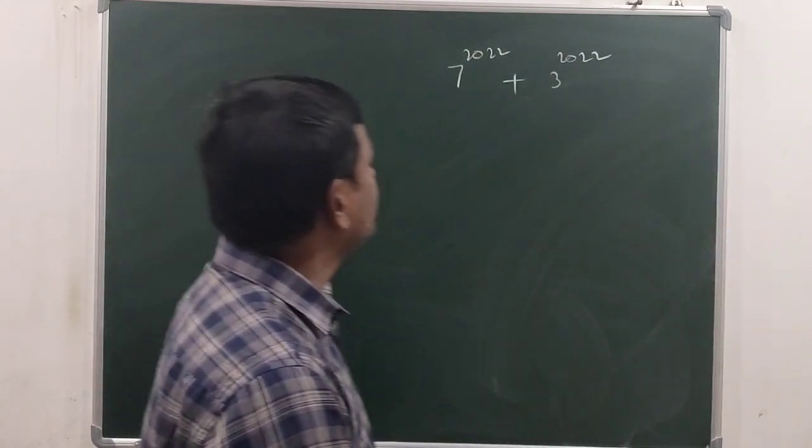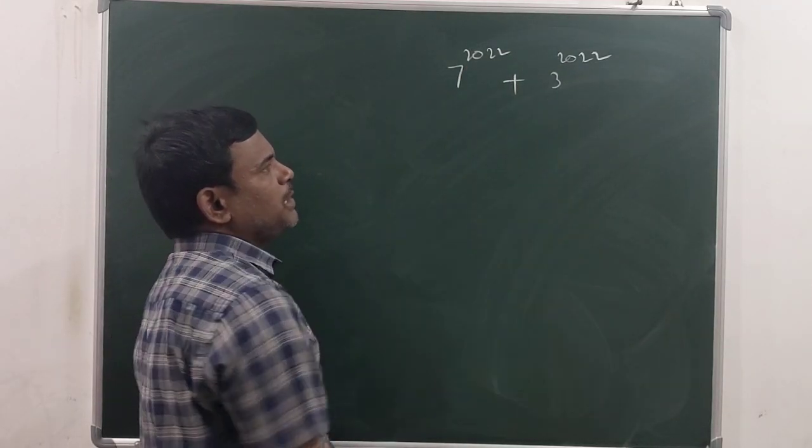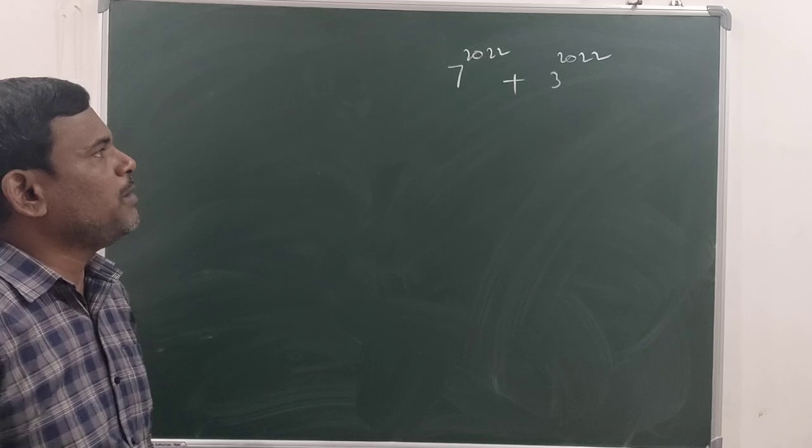Okay students, tell me. What is the remainder when 7 power 2022 plus 3 power 2022 is divided by 5?